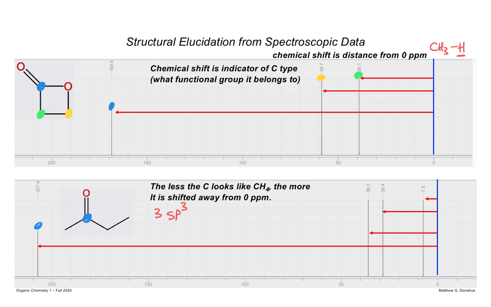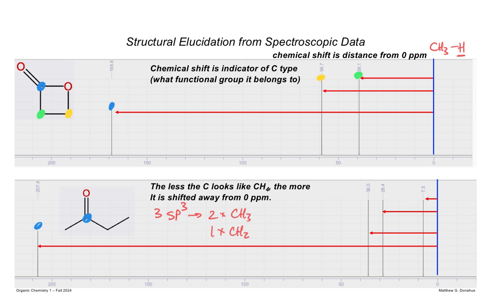Do you see the pattern of the 2 that are similar? And then the one off by itself. So we can differentiate that. We have 2 times CH3 and then 1 times CH2.